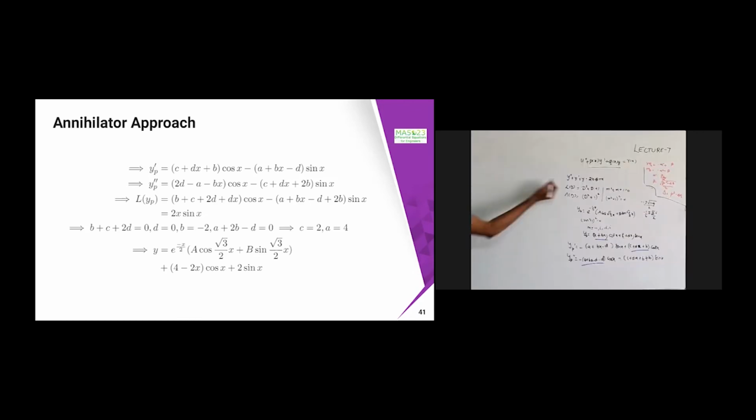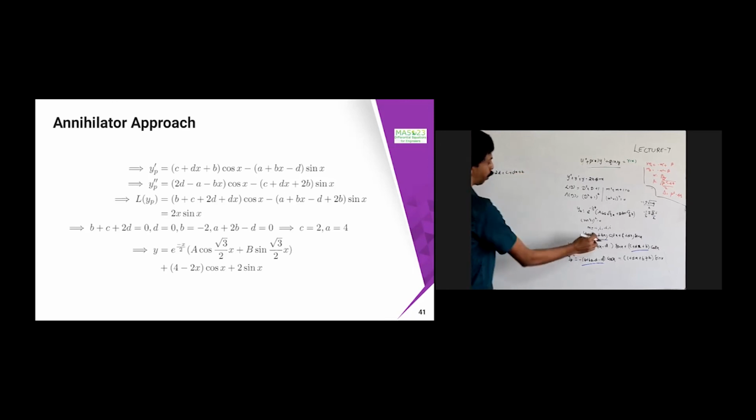So now substitute. If I use this over here, this is going to become minus a minus dx plus 2d, so plus 2d into cos x. Then I have plus c plus dx plus b, and from here I have plus a plus bx, into cos x.